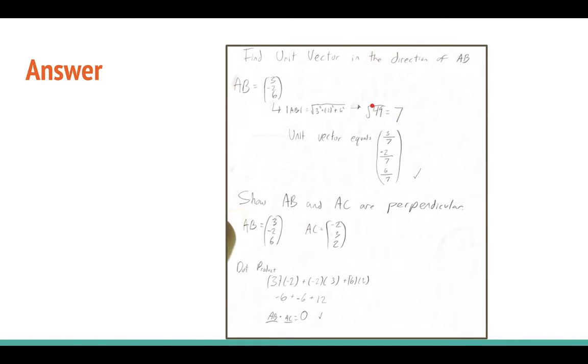You can always leave it in the square root symbol, but we put the 7 as a denominator under each value in the corresponding vector. Verification, well, you can go ahead and verify if you'd like, but it's right.